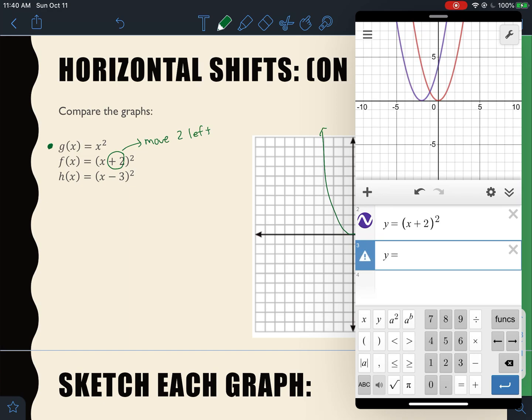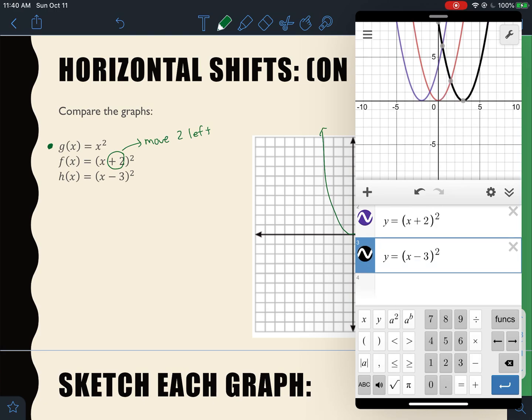So based on that, what do you think is going to happen if I do x minus 3 squared? Which direction do you think it's going to move my parabola? So x minus 3 squared, the black parabola, is the x minus 3 squared. That moved it 3 to the right. Interesting.